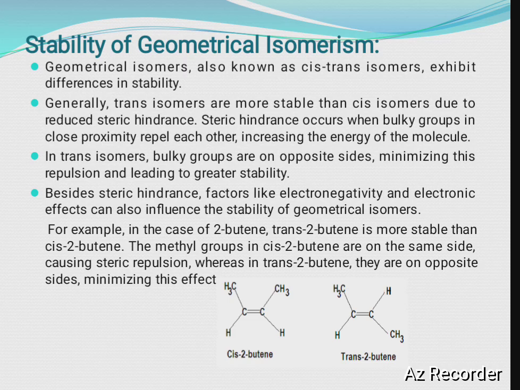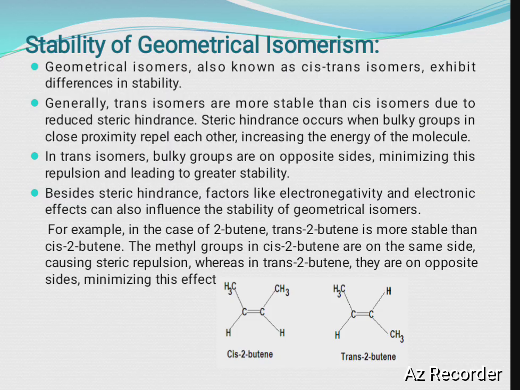How are these geometrical isomers stabilized? What are the factors affecting the stability of the geometrical isomers? First, the geometrical isomers, also known as cis and trans isomers, exhibit differences in stability.